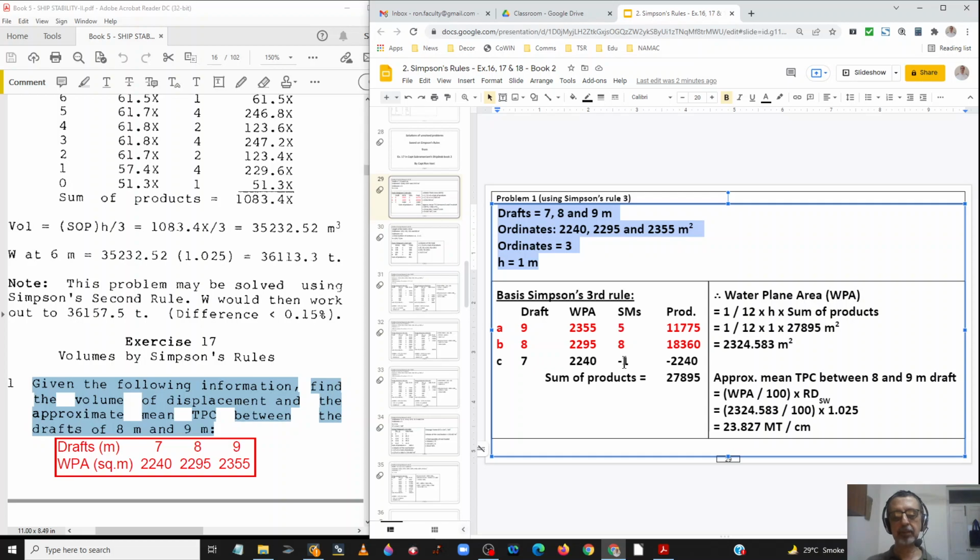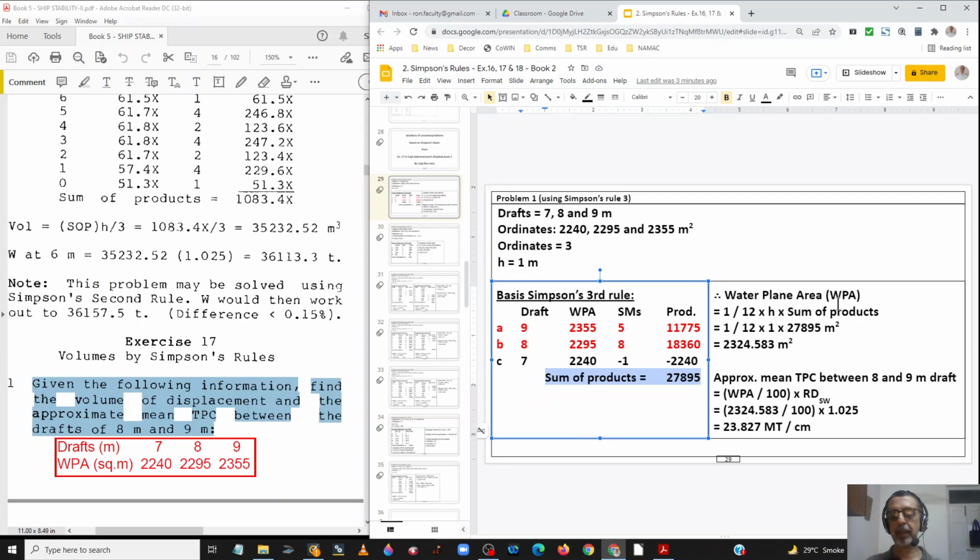And the Simpson's multipliers for the third rule are 5, 8 and minus 1. So when we multiply the water plane area with the Simpson's multiplier, we get the product. And as you can see, the sum of the products finally adds up to 27,895.